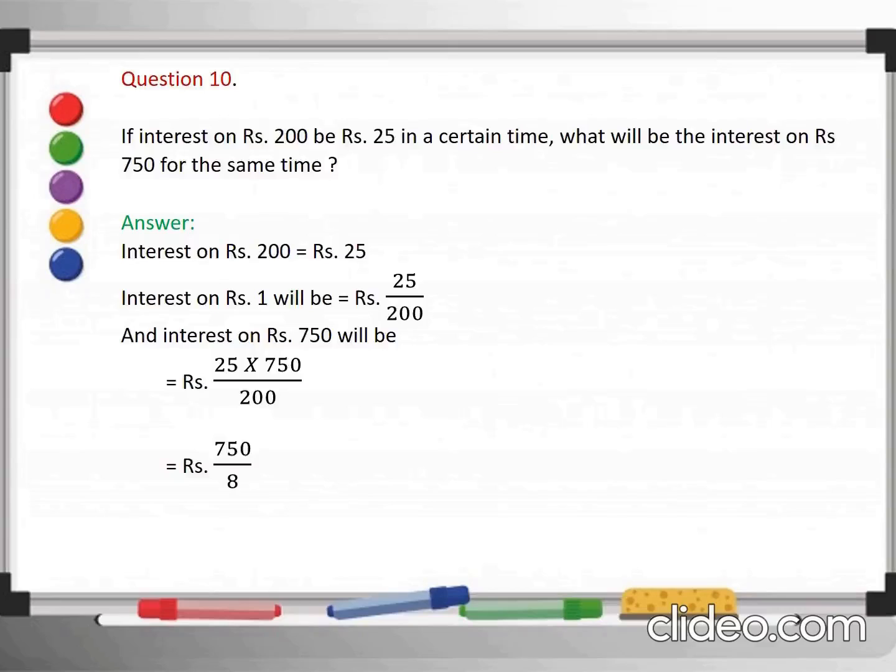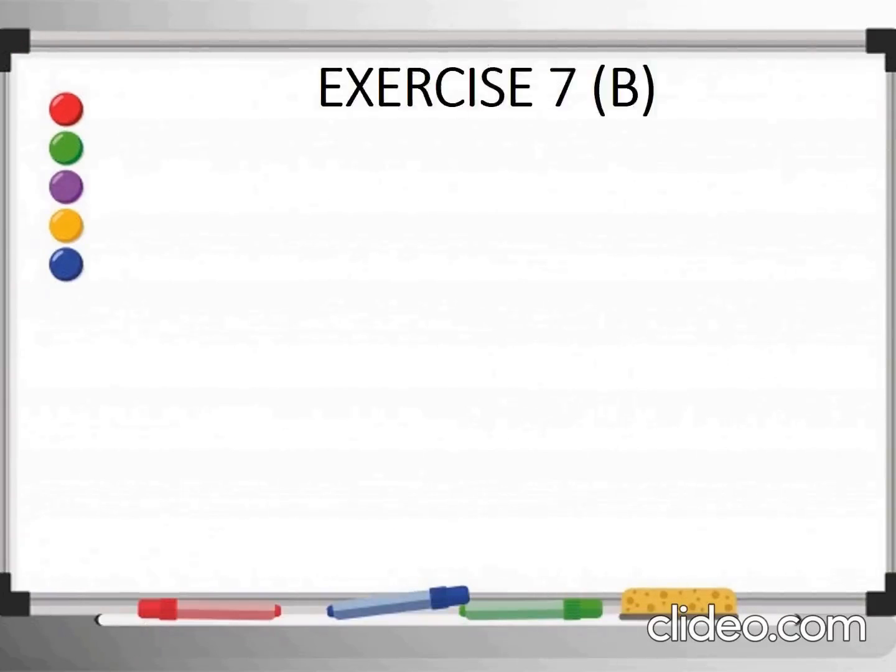So we'll get 93.75. Therefore, interest on rupees 750 is equal to rupees 93.75. Now we'll start with next exercise, exercise 7b.